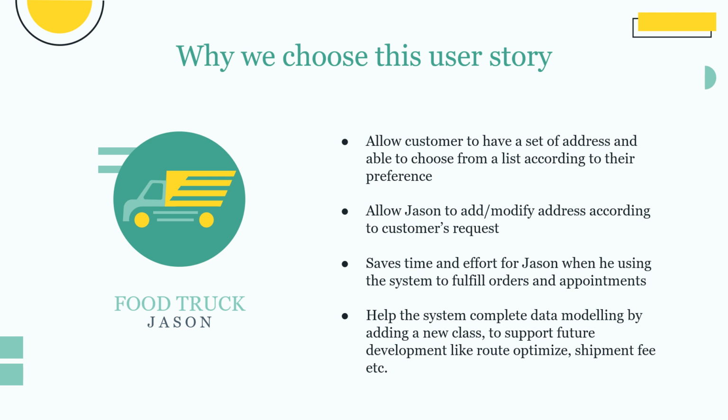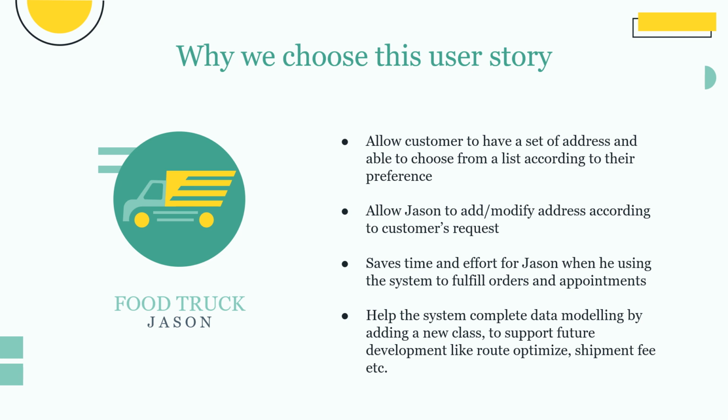doesn't need to modify the entire customer profile to add or modify addresses, because editing the entire customer profile could be very complicated. Also, it could damage the data integrity.